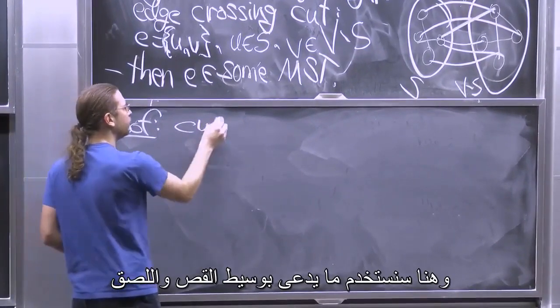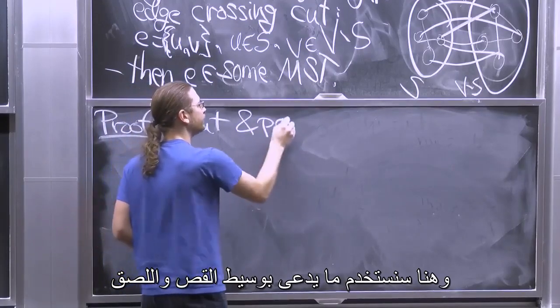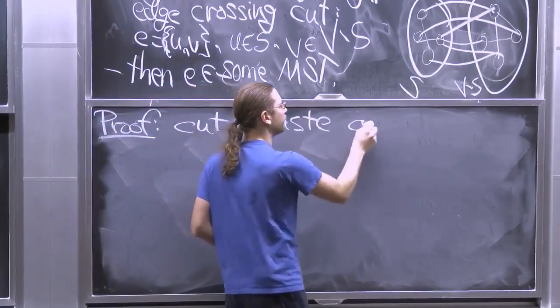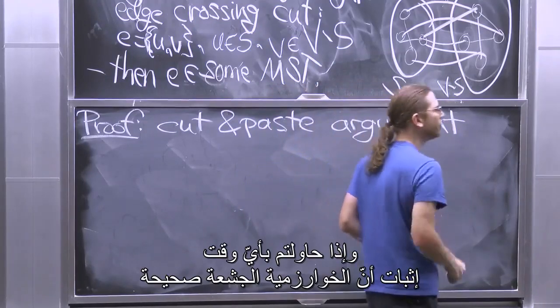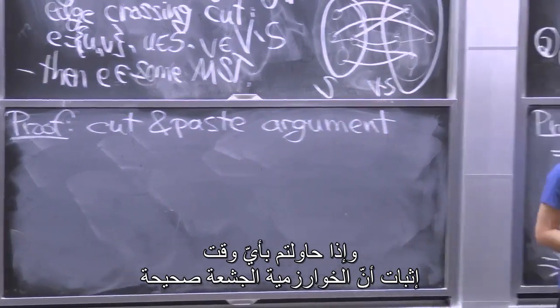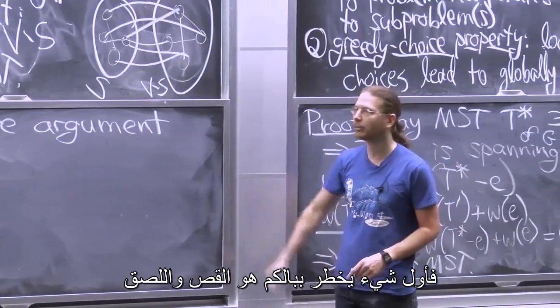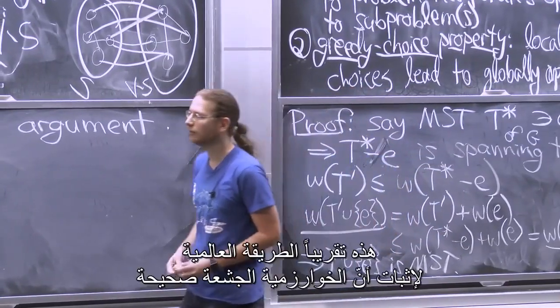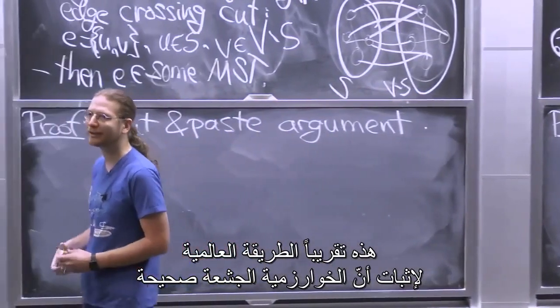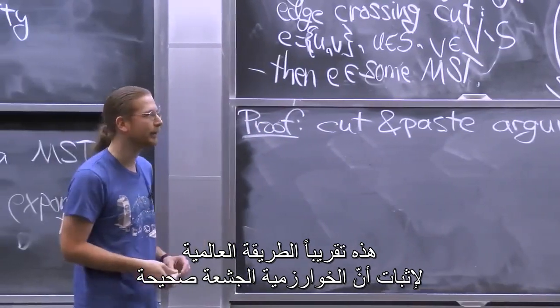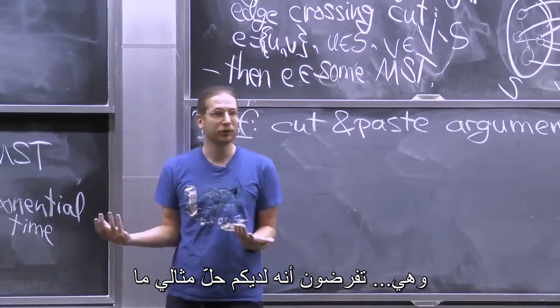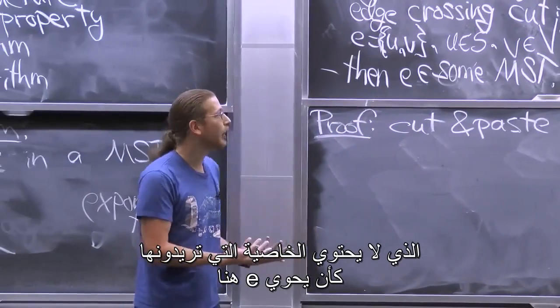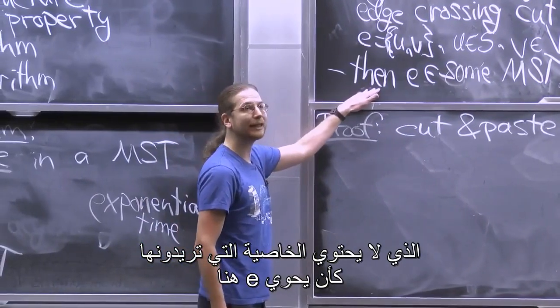And this is where we're going to use something called a cut and paste argument. If you are ever trying to prove a greedy algorithm correct, the first thing that should come to your mind is cut and paste. This is almost universally how you prove greedy algorithms to be correct: you suppose you have some optimal solution which doesn't have the property you want, like that it includes E here.